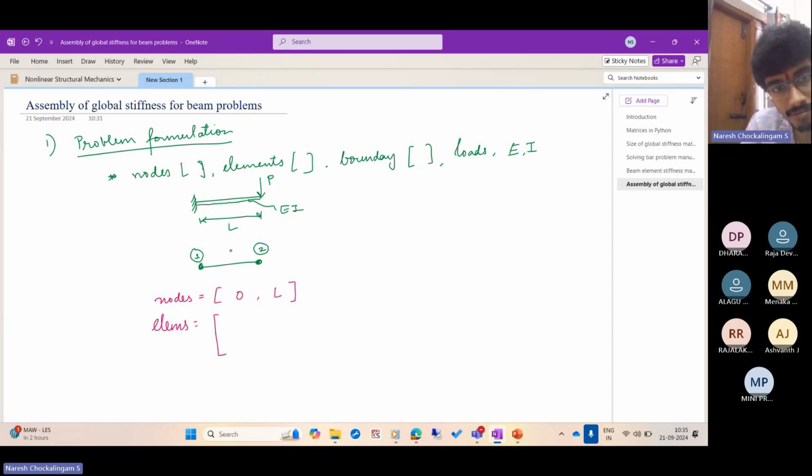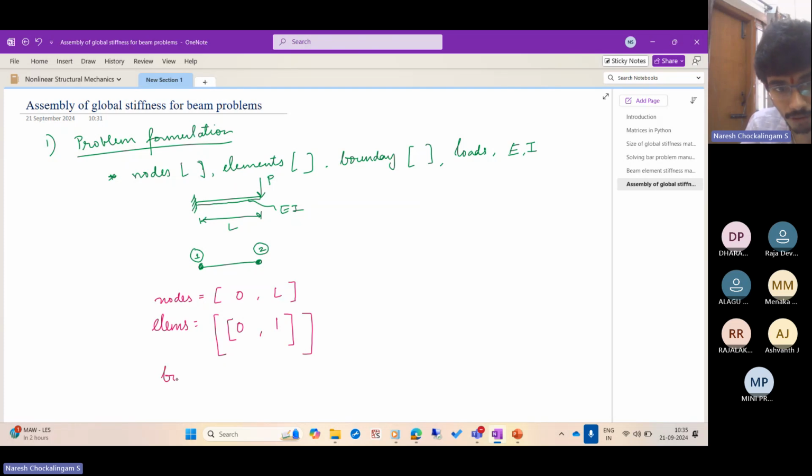How many elements do we have? One element. And for the first element, what are the nodes connected? 1 and 2. Okay. So in Python format, it is 0 and 1 because numbering starts with 0. So this is the elements matrix.